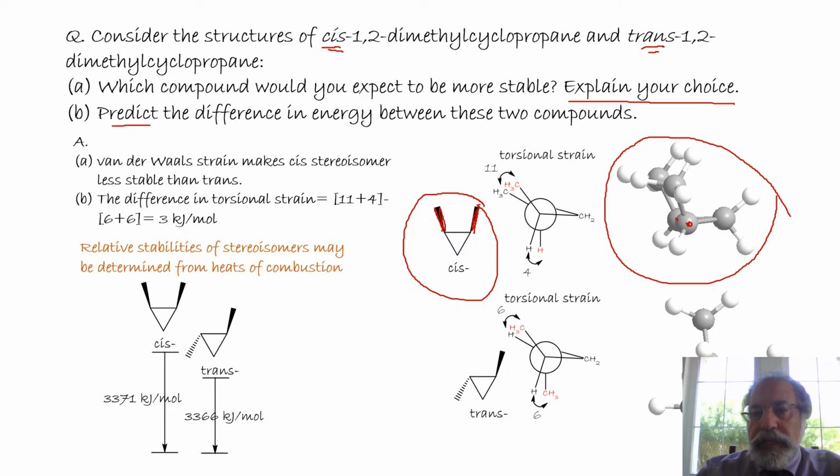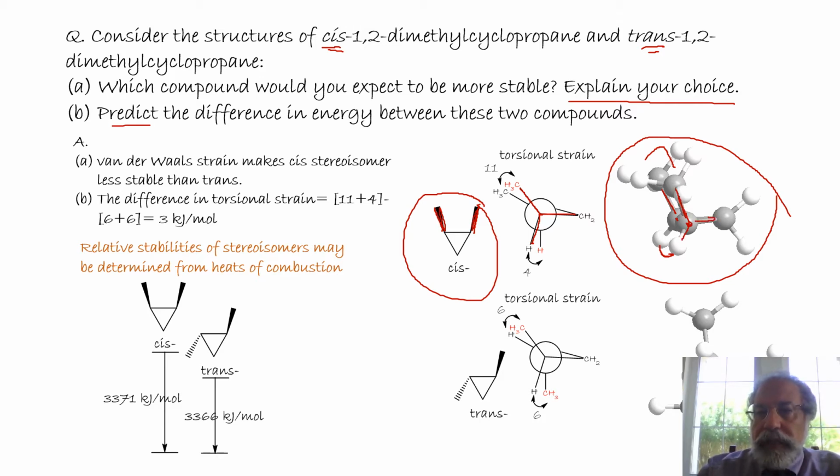I can see that the CH3 groups are eclipsed and two hydrogens are eclipsed. If I draw it as a Newman projection, that's what I see for this one.